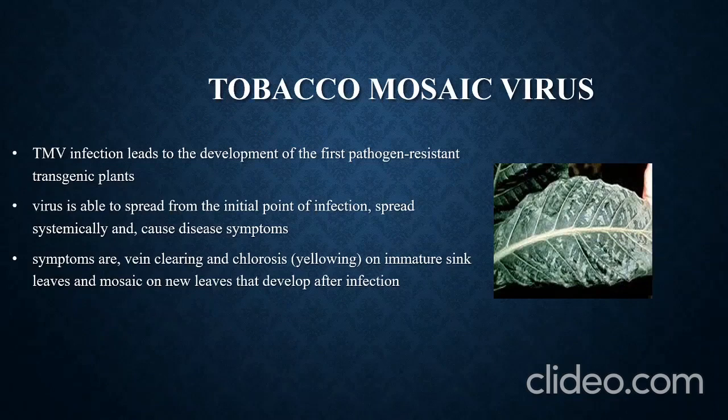The first virus is tobacco mosaic virus, also known as TMV. The tobacco mosaic virus led to the development of the first pathogen-resistant transgenic plant. The virus is able to spread from the initial point of infection, spread systemically and cause disease symptoms.